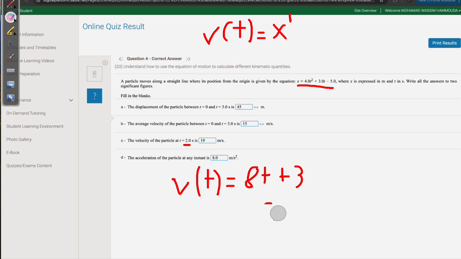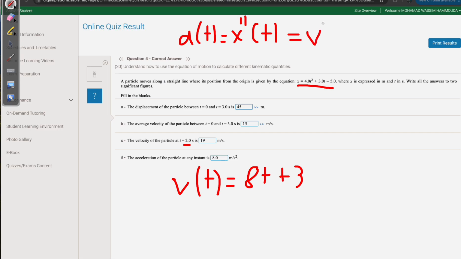And now, to get the acceleration, you could derive x twice, or you could derive v once, which we already have right here.